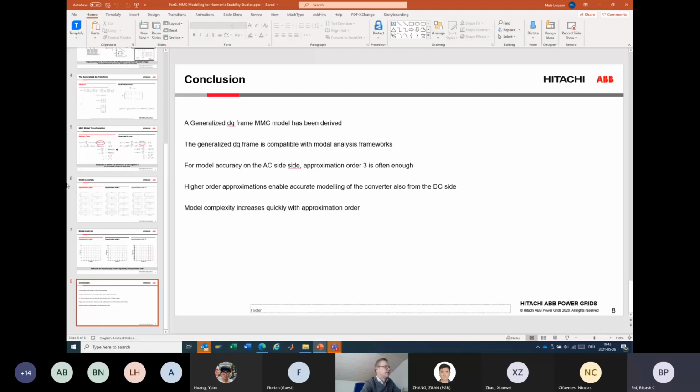Yeah, but we are more interested in the multiple DQ frame for the MMC converter that is solved by generalized transformation. Yeah. So the multiple DQ frame model is more relevant, say, for cell balancing controls and control of the DC side than for the AC side control.